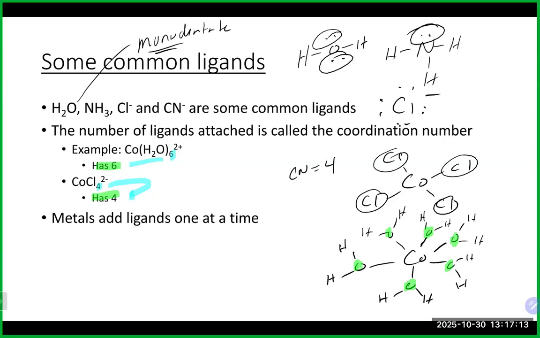But there are some ligands, as we'll talk more about in a later chapter as well, which are known as being bidentate, for example. A common one is oxalate. Oxalate is bidentate. And if you draw oxalate, it looks something like this, I believe. 99% sure.